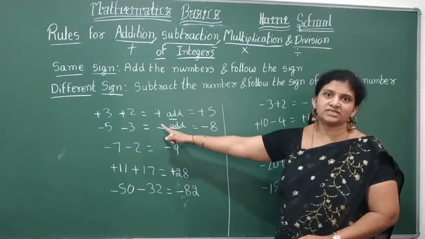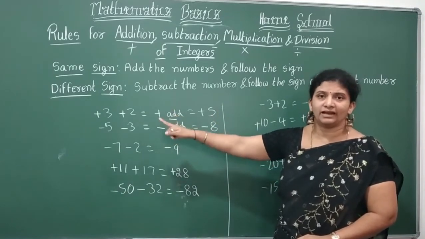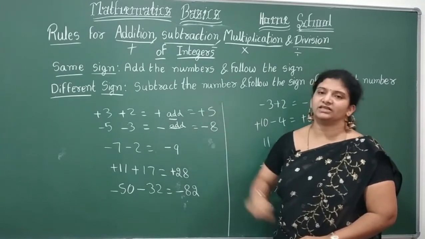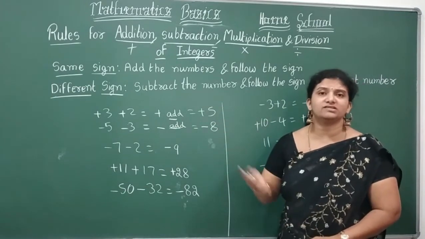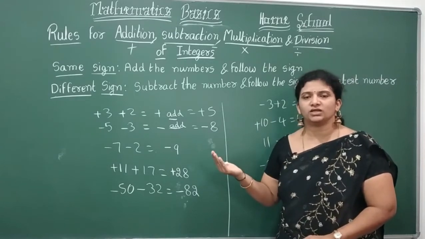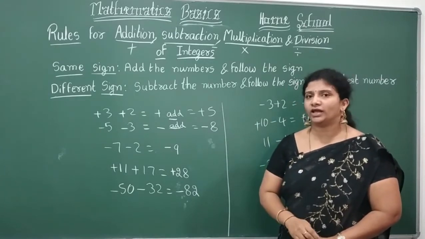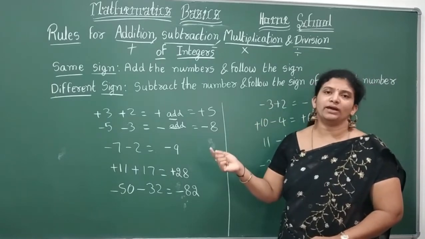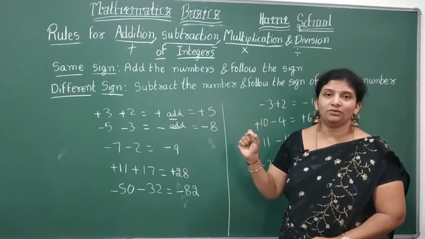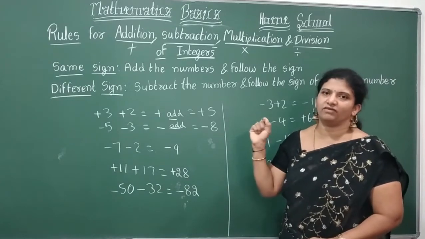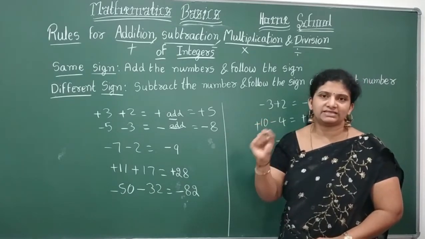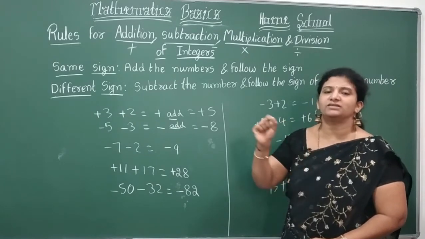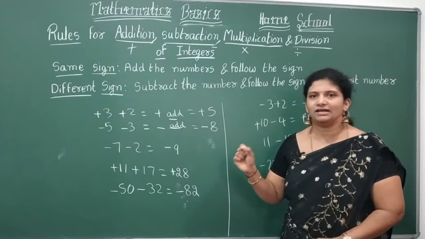If both the numbers have the positive sign, add the numbers and take the positive sign. Then the next condition: if they have different signs, meaning one positive and one negative, what do I have to do? Subtract the two numbers and take the sign the greatest number has. Observe the greatest number. Whichever sign that number has, you have to follow that sign in your answer.